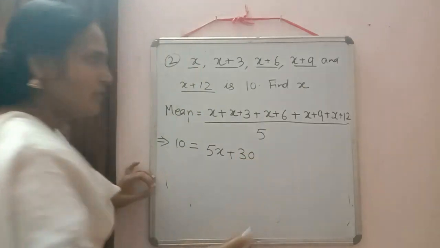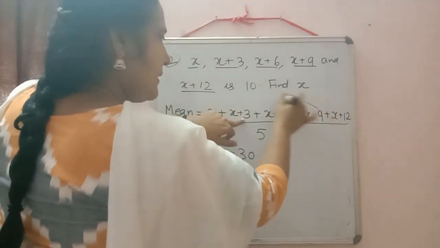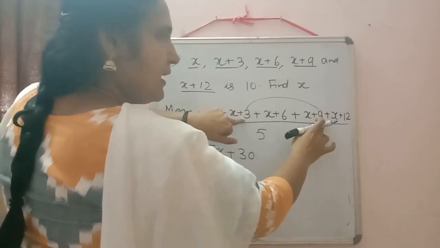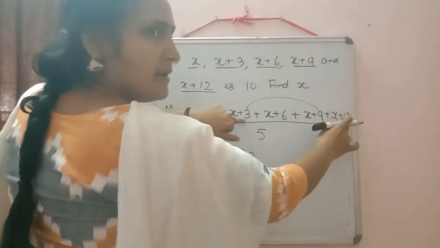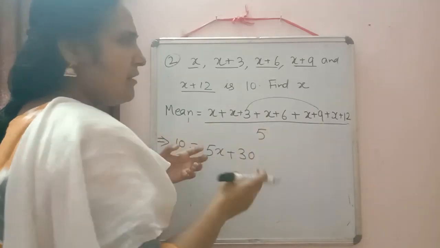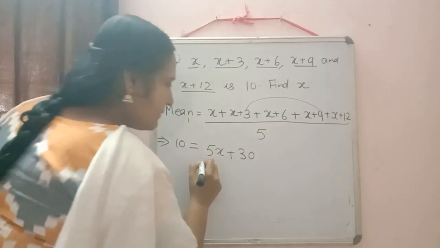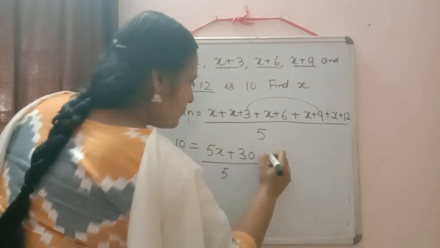Once again, if you want, you can check the addition. 9 plus 3 will be equal to 12, and 12 plus 12 is 24, plus 6 is equal to 30. So in any way, you can check whether your addition is correct or not. Divided by 5.